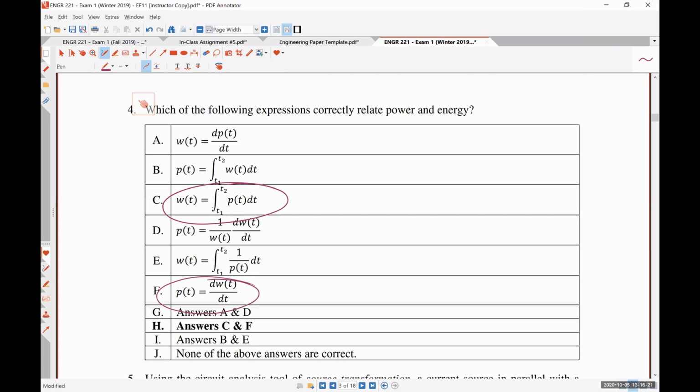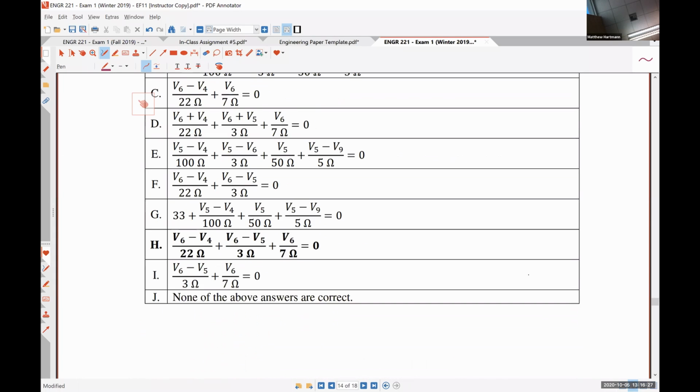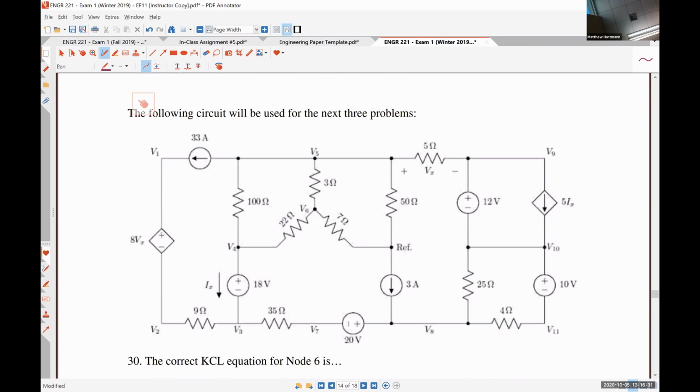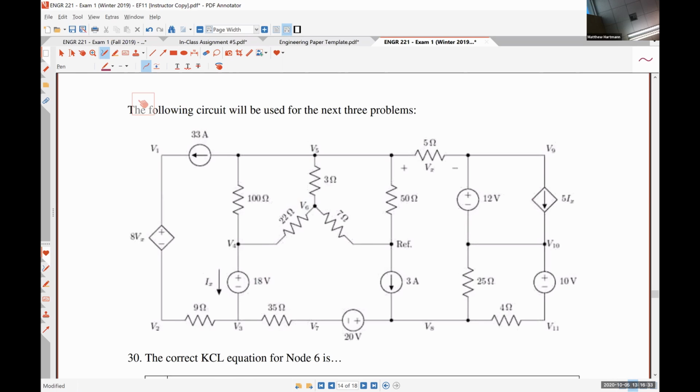Could you do number 30 on that test? KCL for node 6. Alrighty, so let's see, where's node 6 here? 1, 2, 3, 4, 5, 6. All right, so we want this one and this one.